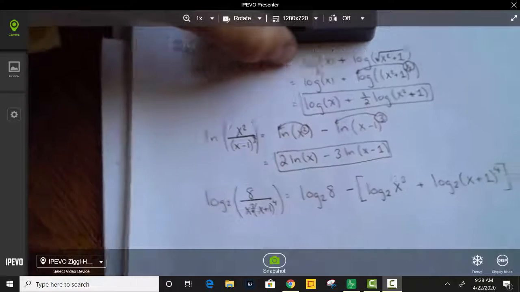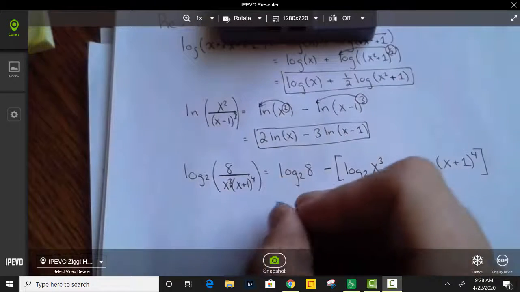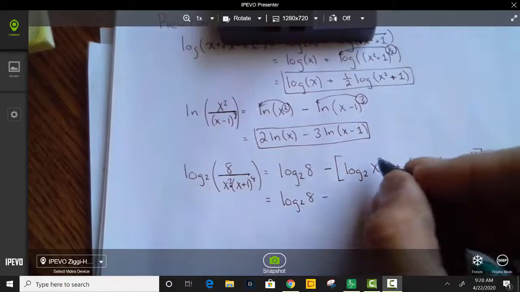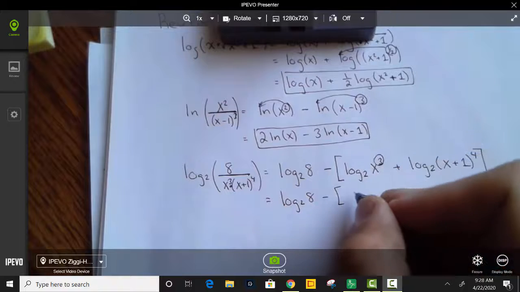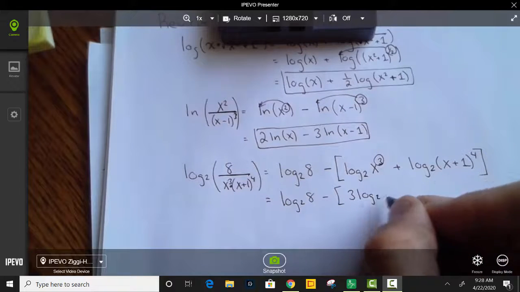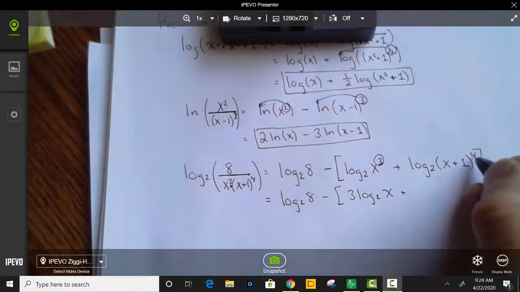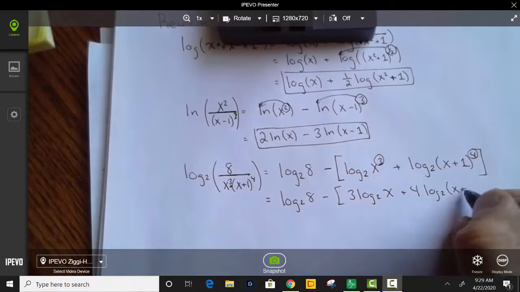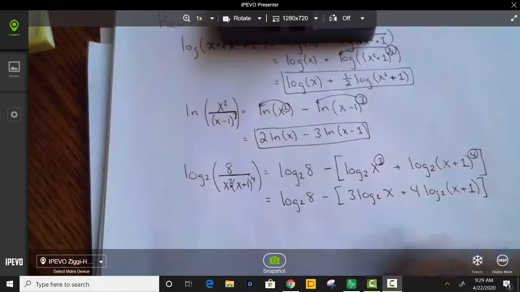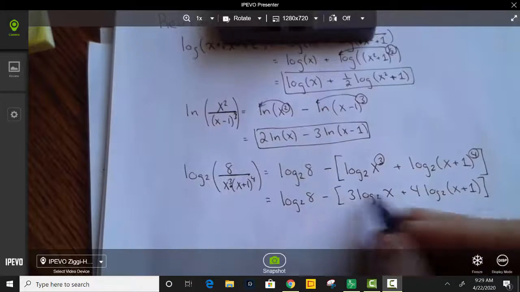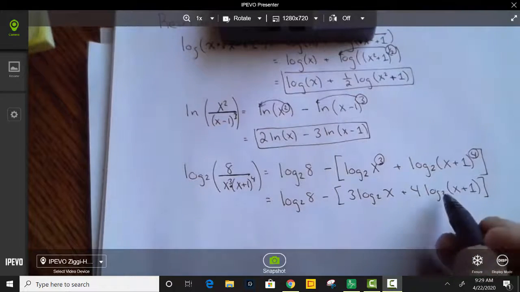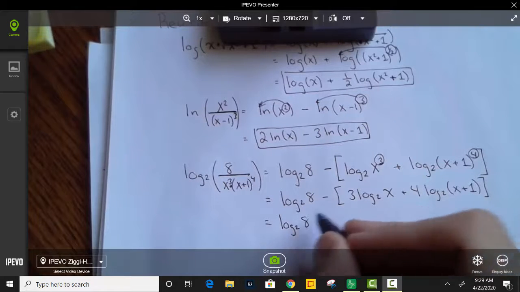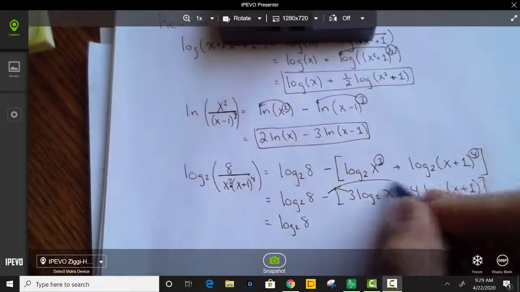And then now we can go through and do some cleaning up on this. So the first thing we might do is bring these powers to the front. So this is going to be 3 log base 2 of x plus 4 log base 2 of x plus 1. And guys, I'm not sure on the textbook, but I would imagine that when a problem like this happens, the textbook's either going to have the answer written like this, or the textbook's going to not include the bracket and it's going to distribute the negative.